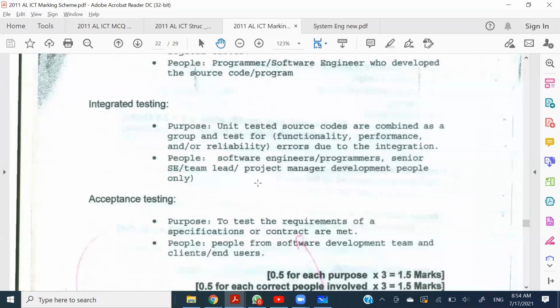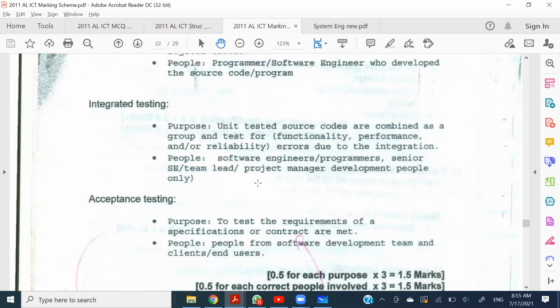In the acceptance testing, they are giving the chance or the facility to the client to test the particular program and to check whether all the requested requirements are being met, right?